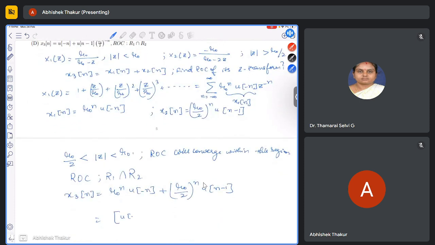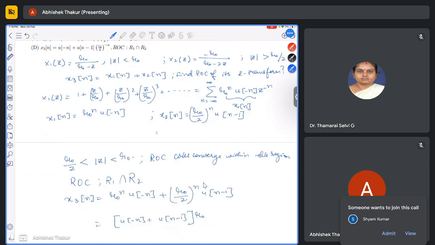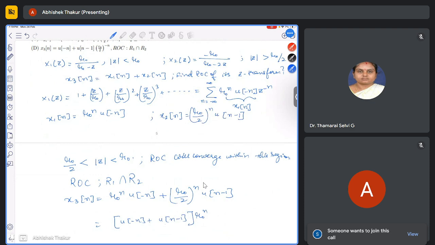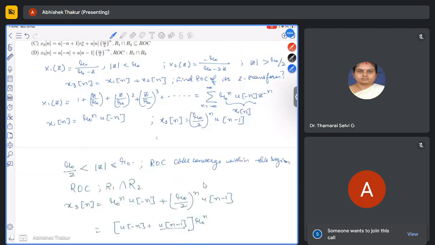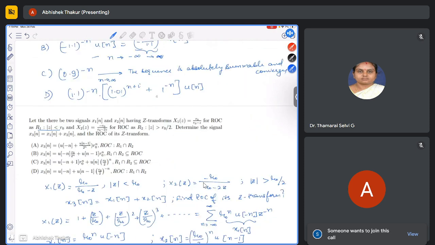So you will get u[-n] plus u[n minus 1], and the ROC is between r naught by 2 to r naught. So option A is the correct answer for this question.